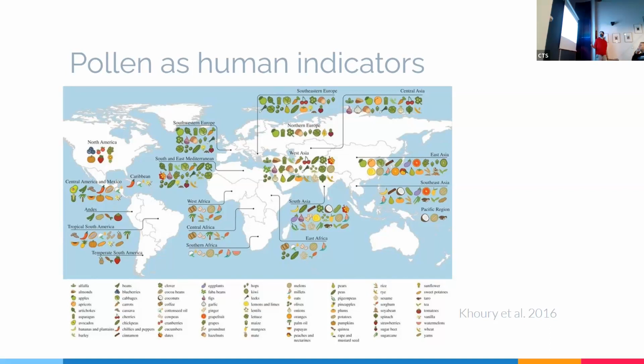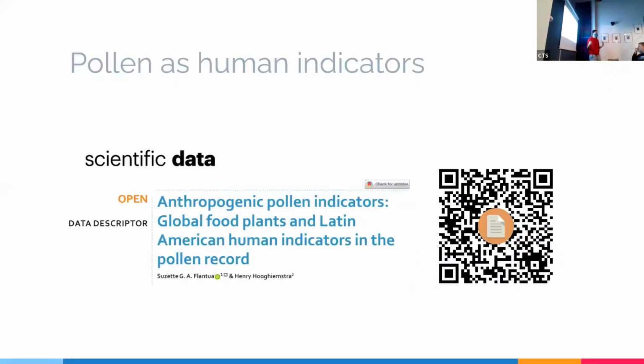But you can do something similar with pollen grains, because there are pollen grains, let's say, of cerealia, which is cereals. You can imagine that if there is suddenly lots of pollen of cereals, there were probably humans who started planting them around. So there's this idea to use pollen as indicators of human impact.